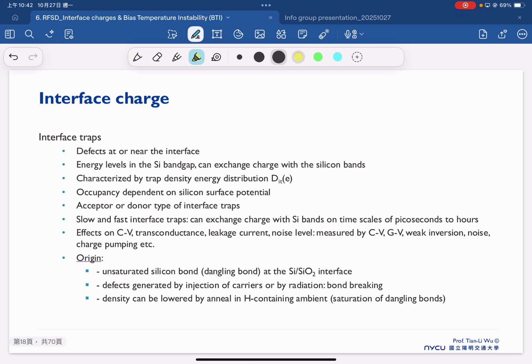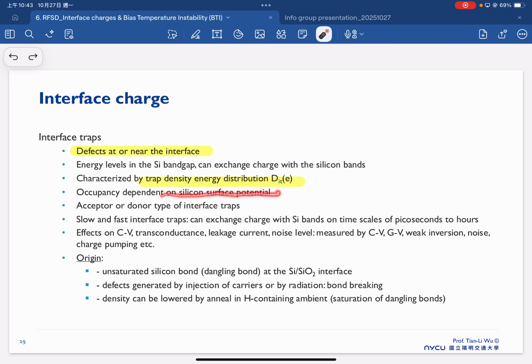So for the interface charge, the summary here is that these are defects at the interface or near the interface. And then the energy level is in the silicon band gap, and can exchange charge with the silicon band, characterized by trap density, DIT here. And also the occupancy depends on the silicon surface potential, and we might also have different types of interface states.